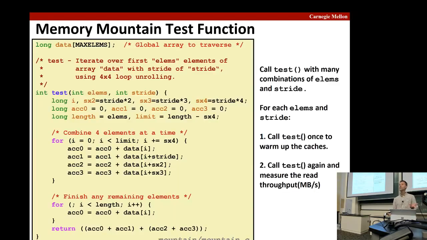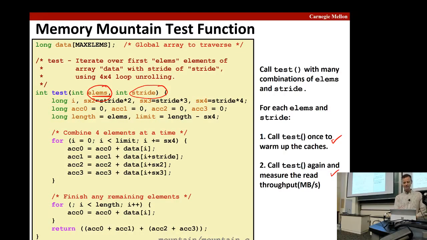So here's what the code looks like. You have this big array of data, and every time you call test, you pass it 2 arguments, elems and stride. You call test once to warm up the caches, and then you call it again to measure the throughput.